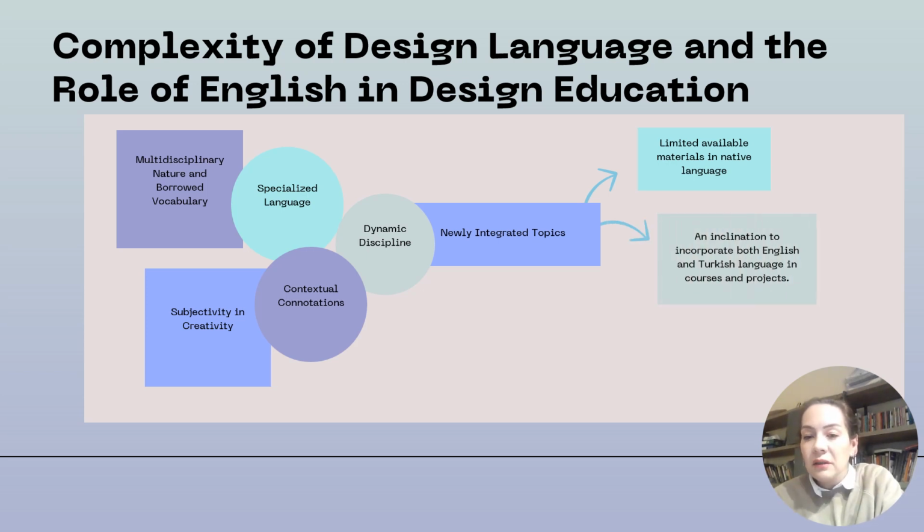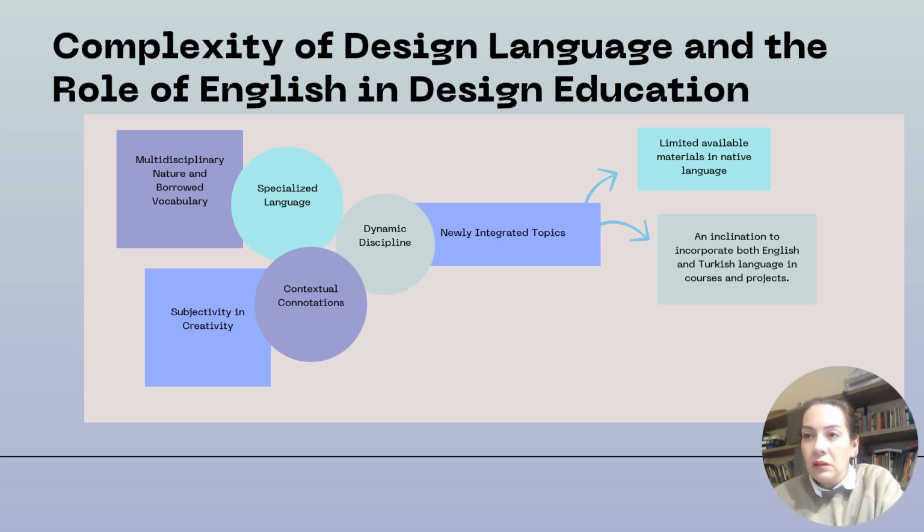And there is an inclination to incorporate both English and Turkish language in courses and projects. For example, you can see these languages together in a student's project, for example, a poster project.